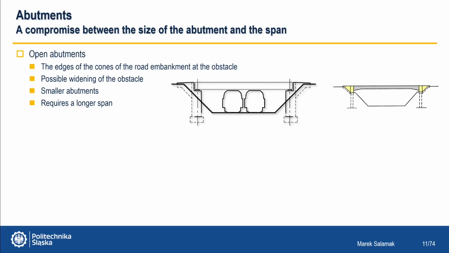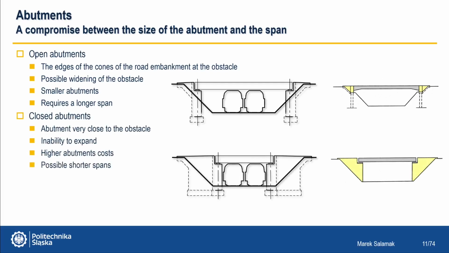It is then possible to widen the obstacle, for example by increasing the track gauge or adding a new track or a lane under an overpass. It's just that the horizontal line underneath is bigger. The abutments are then smaller, but a longer span is required. However, this is not always feasible.